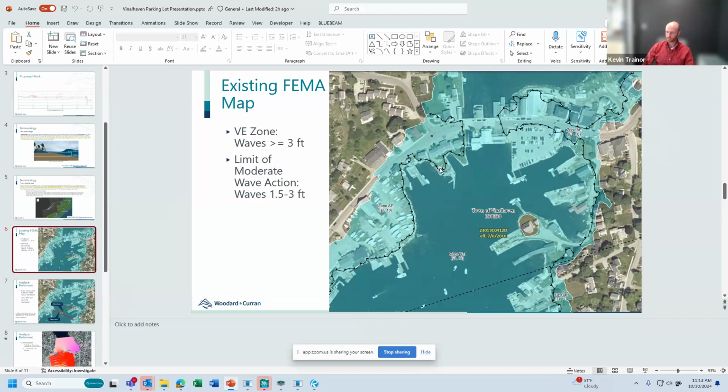And so what we're basically trying to ascertain is what the impact would be in this area from raising the parking lot.